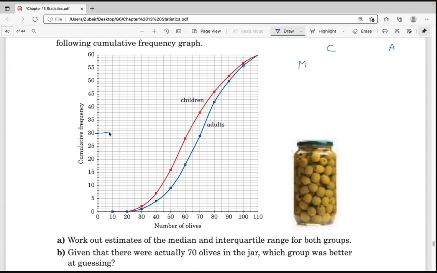When we read this, it is roughly 62 for children and roughly 71 for adults. For the interquartile range we need upper and lower quartiles. 75% of 60 is 45.